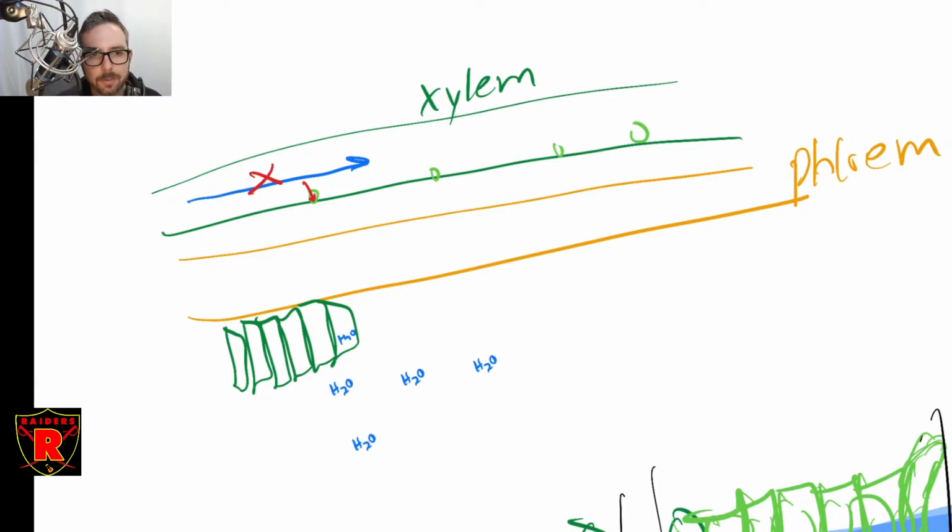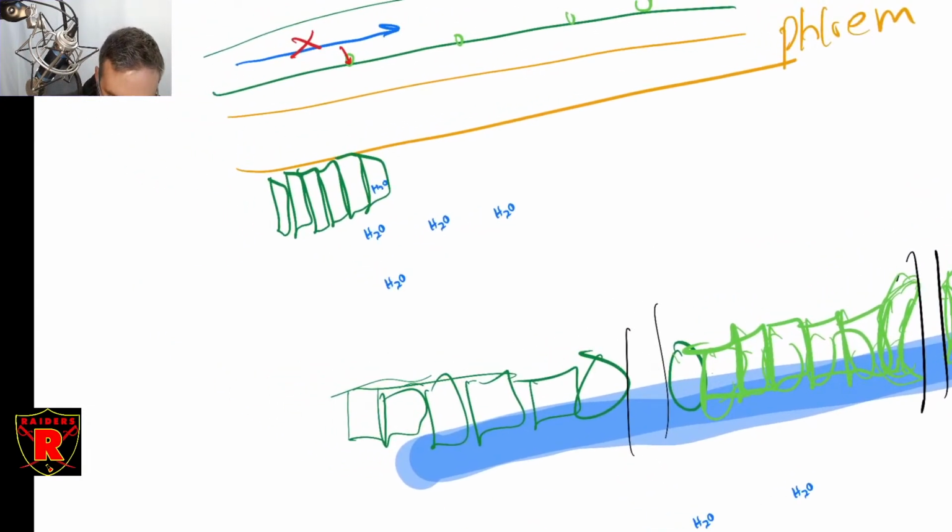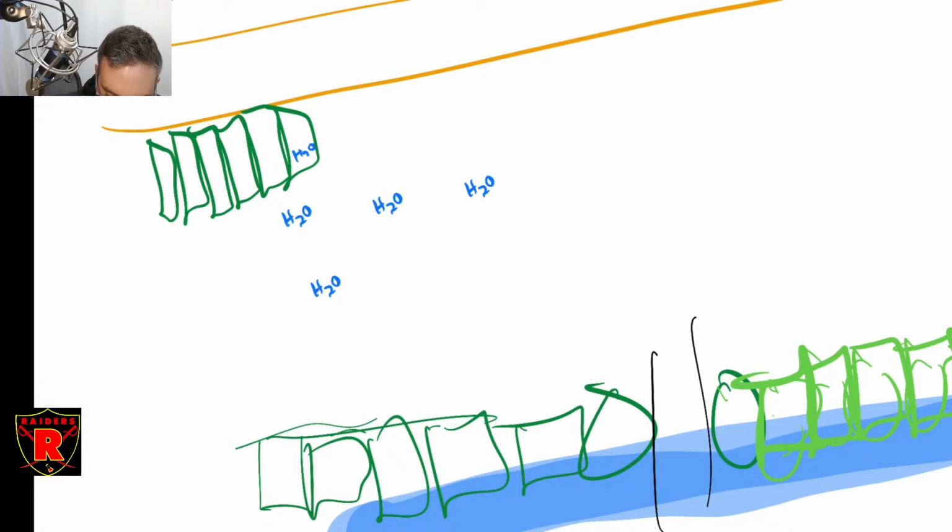You're also stopping photosynthesis from happening because you're not allowing the ingredients for photosynthesis, which is CO2, to come into the leaf. And you're also getting a buildup inside here of oxygen.